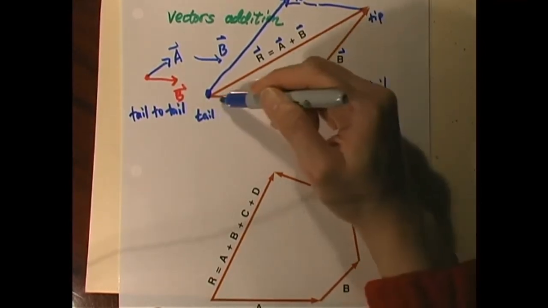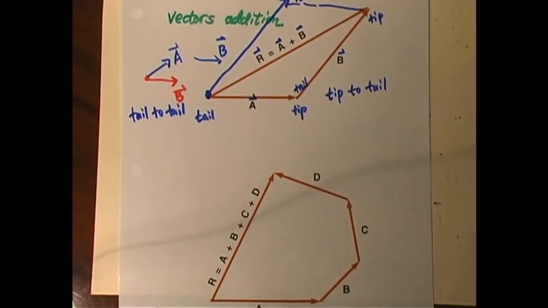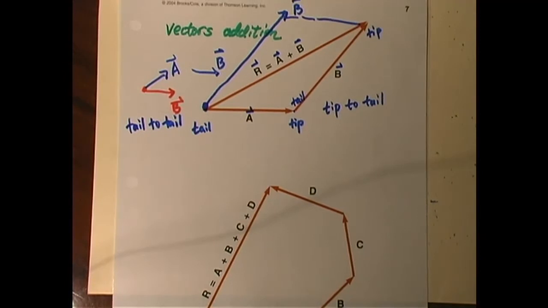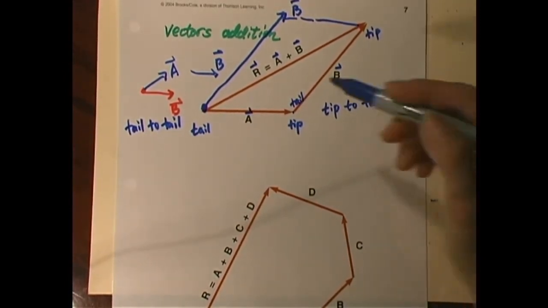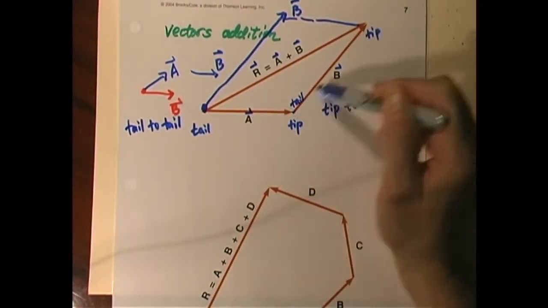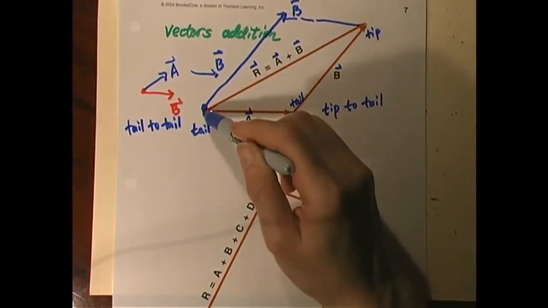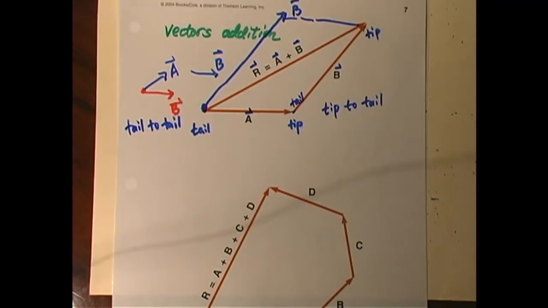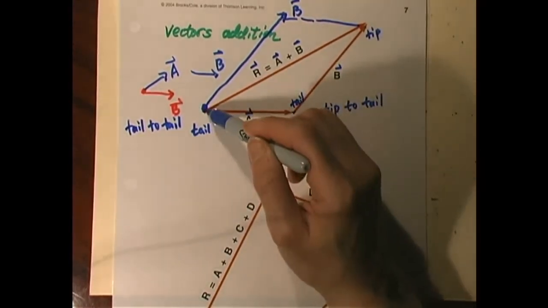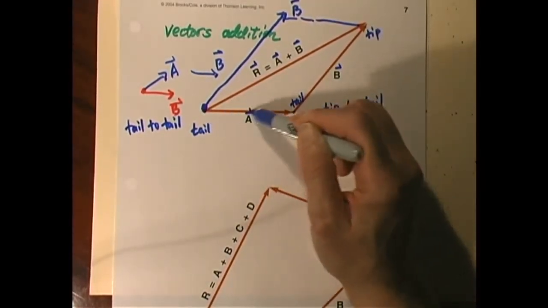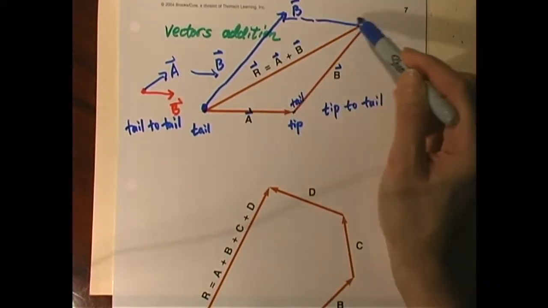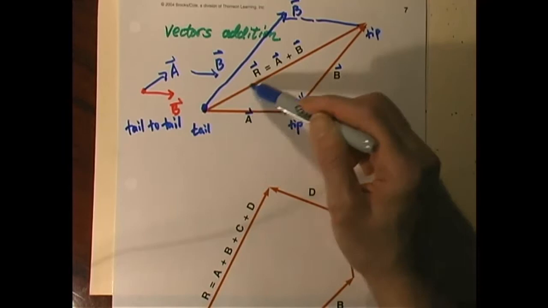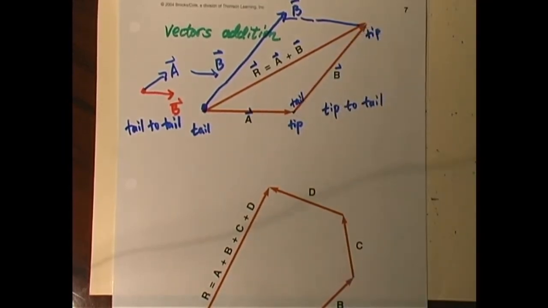We use A and B as the two sides of the parallelogram, and the diagonal is the resultant of A plus B. So either way, tail to tip, from the first one's tail to the last one's tip, gives you the resultant. Or if you bring two vectors tail together, A and B, you use them to construct a parallelogram. The diagonal is the resultant, and you get the same result.